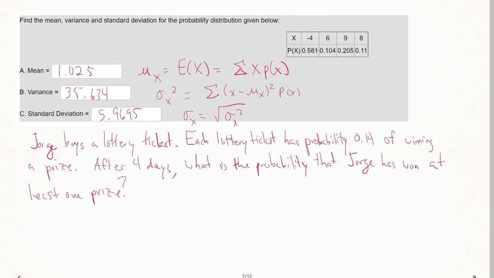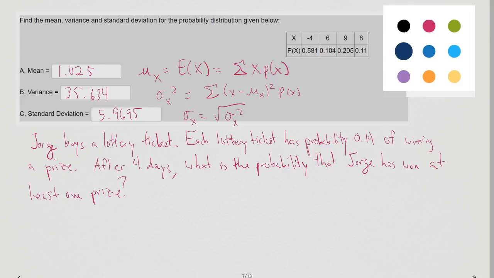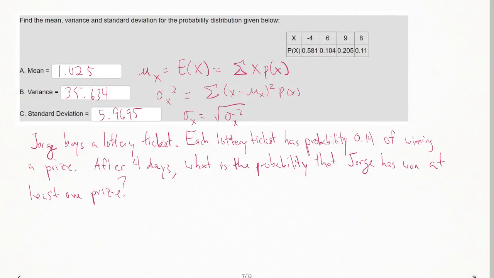Okay. So now, when taking a look at this, we have 4 consecutive days of playing. So what's actually happening here? We're looking at the probability of at least one prize, right?